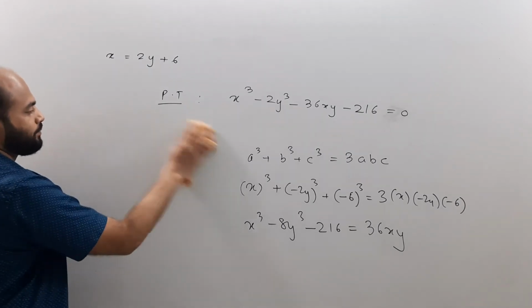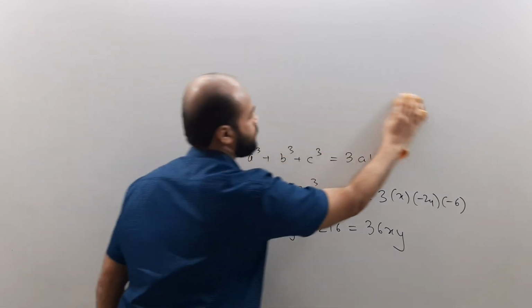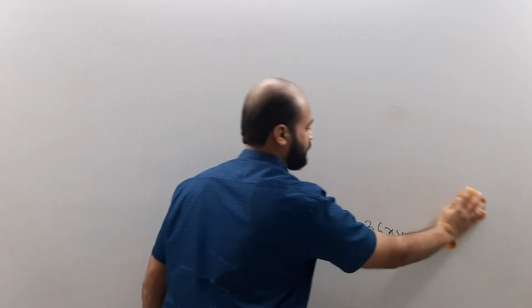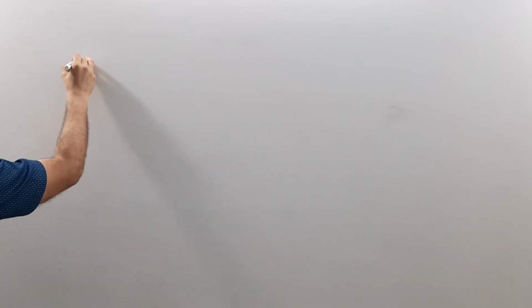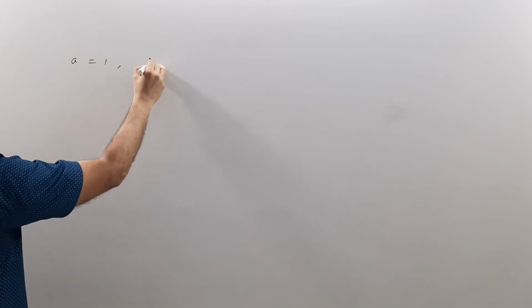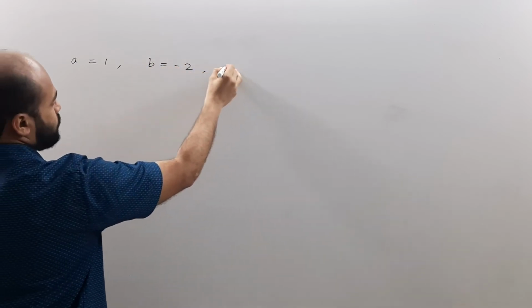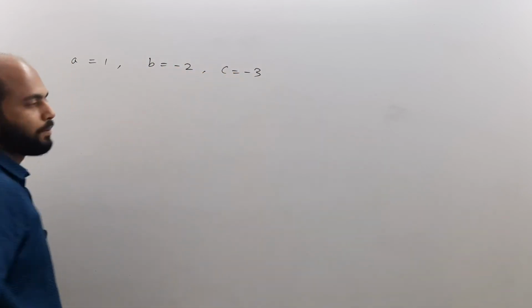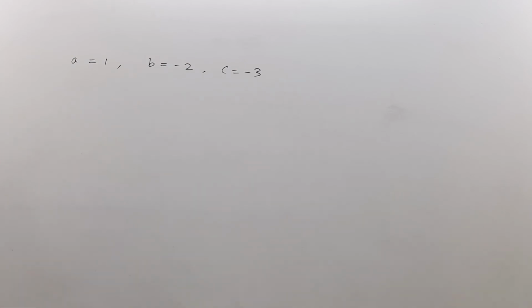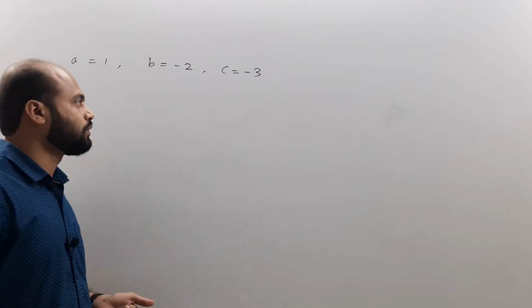Let's go to the next problem. a is 1, b is minus 2 and c is minus 3. These are the values given to us. We have to find the value of the expression.